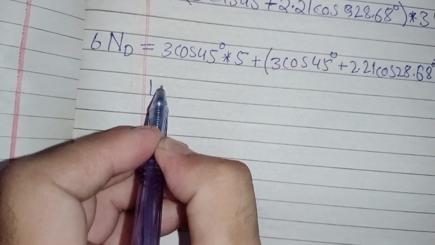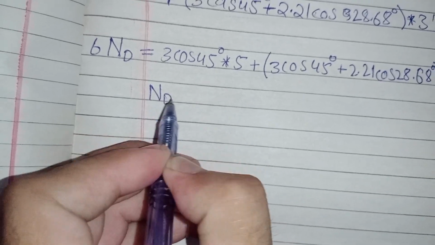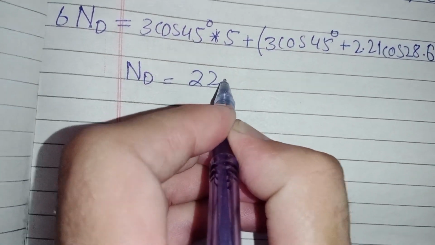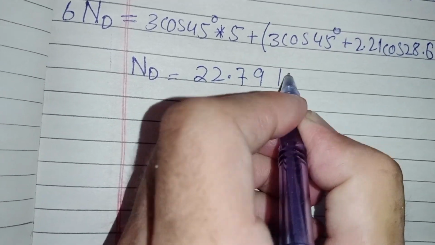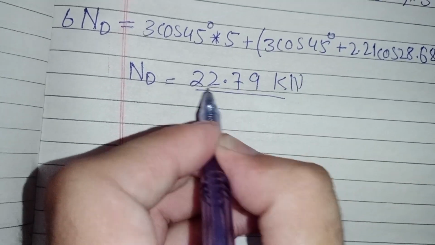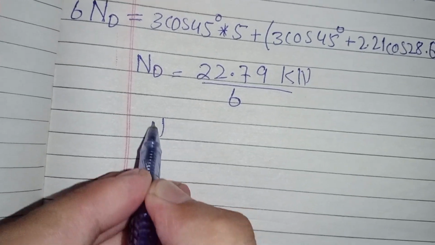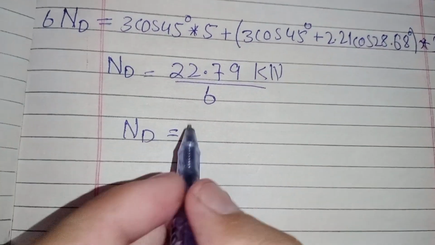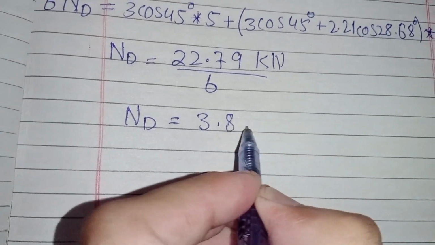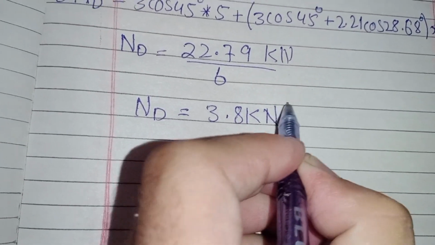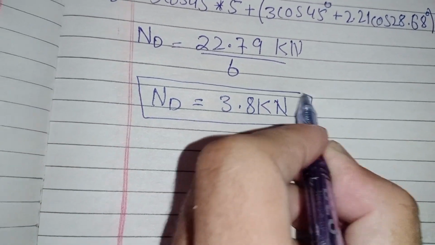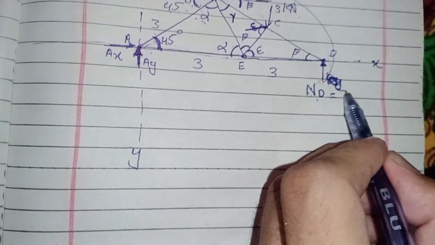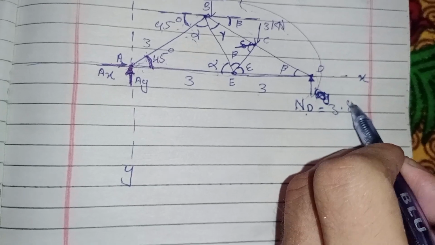Okay, so ND will equal 22.79 kilonewton divided by 6. So ND will equal 3.8 kilonewton. Okay, we find out this reaction force, which is equal to 3.8 kilonewton.